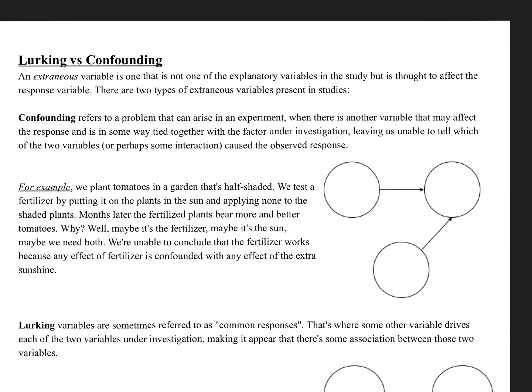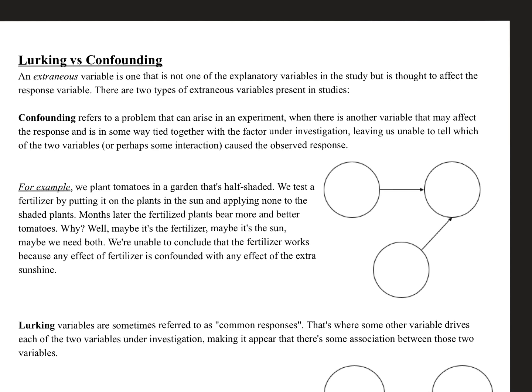And there are 2 of these present in studies. The first one is a confounding variable. As we already discussed, that is when another variable may affect the response as in some way tied together with the factor, leaving you unable to tell which of the 2 variables, or perhaps some interaction of them, caused the observed response.